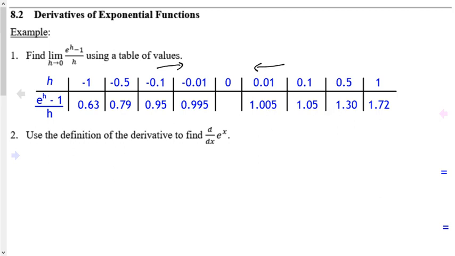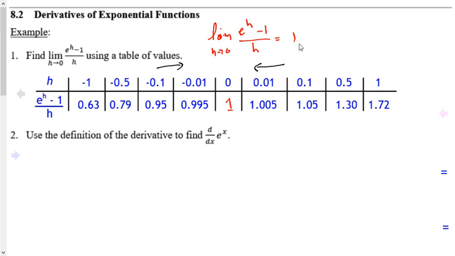So it looks like the value of this limit will equal 1. Let me write that up here: the limit as h approaches 0 of e to the h minus 1 over h is equal to 1.